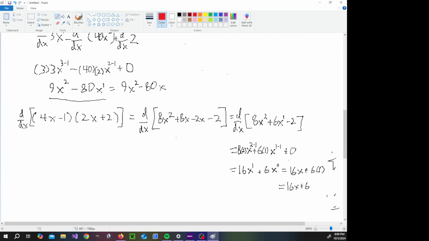Well, again, something else to note about this kind of derivative step is the derivative is the slope. Derivative is slope. So derivative of a line should just be the slope of that line.